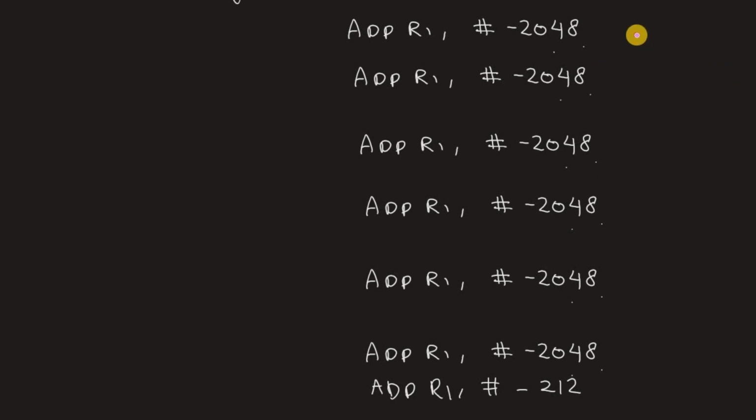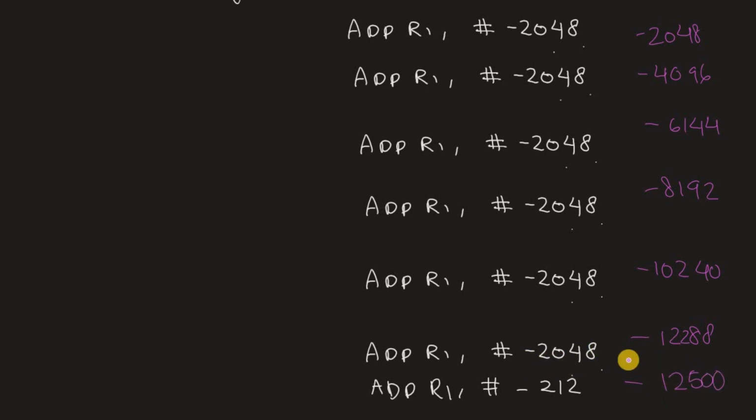If you don't understand, first we have 2048, and when we add 2048 to 2048 it becomes 4096, then 6144, then 8192, then 10240. Lastly, if we add 2048 again, it's going to be above this number, so that's where we add 212.